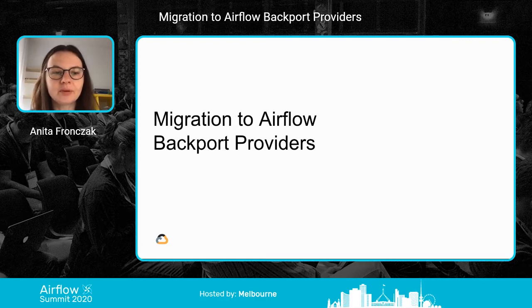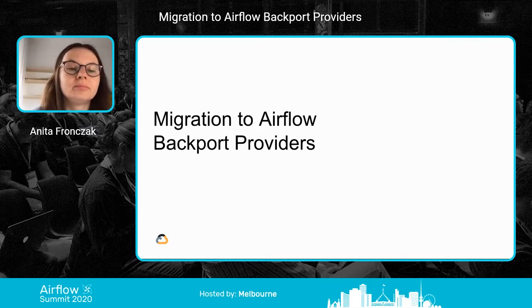Maybe I should talk about the title because it's quite cryptic. Google, Amazon, AWS, all the providers were rewritten in Airflow 2.0. Actually, they've changed the package modules, and some of them got rewritten and retested during the process.